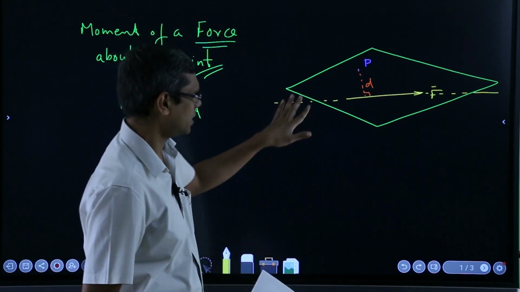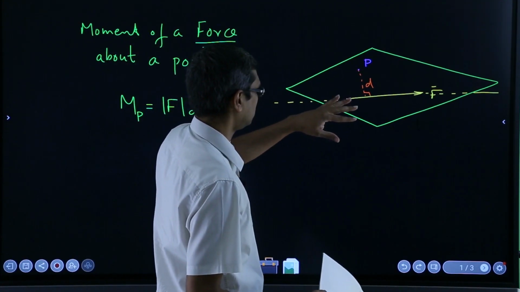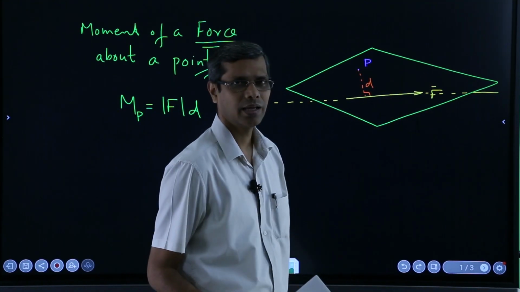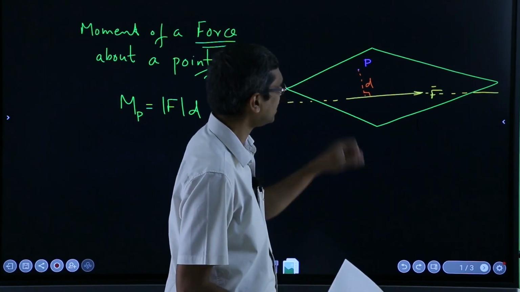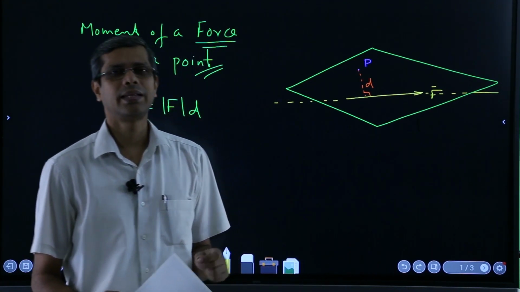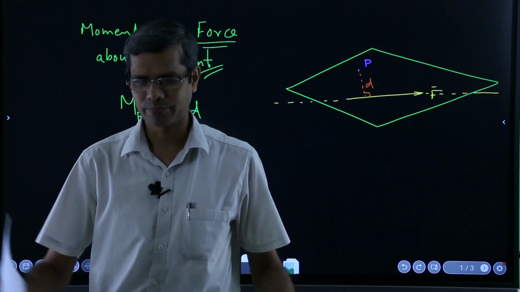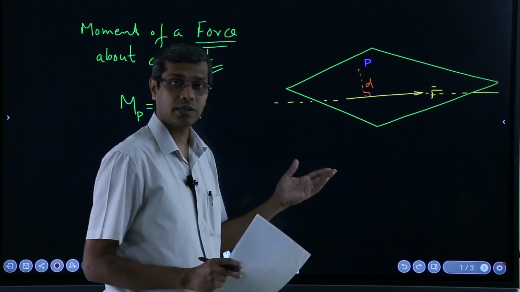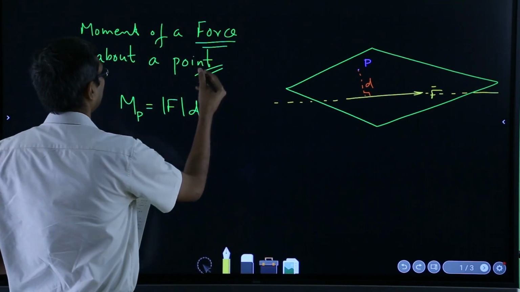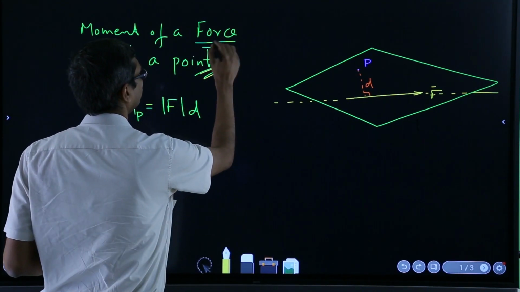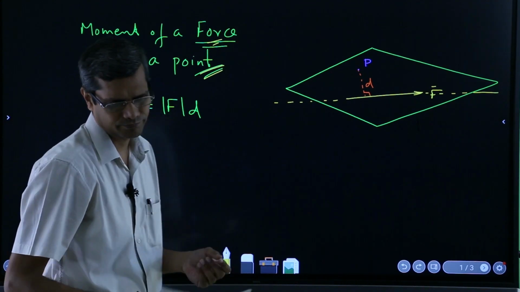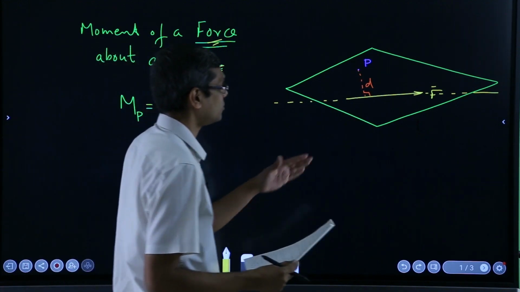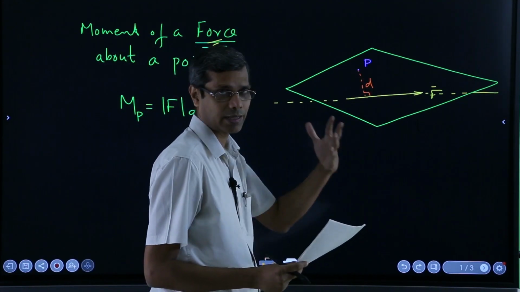To make it look simple, I had created a plane, and then on that I put a point P, and then I put a force F. So everything was very clear, but it is not a necessary condition. We said that about a point of a force, we never said that we have to have a plane like that every time.